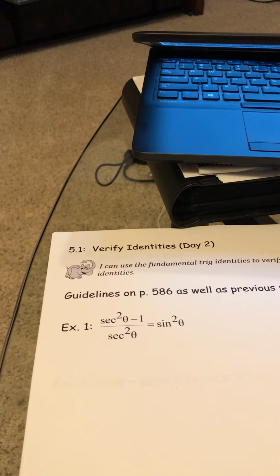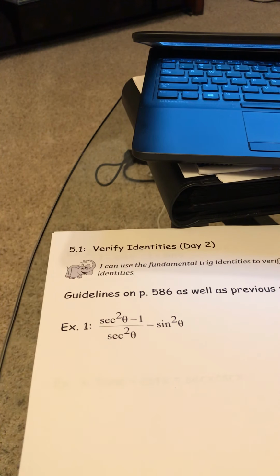There's only a few examples for these, but getting started, secant squared theta minus 1 over secant squared equals sine squared theta. Well, again, anytime you see squareds, one of the first things you ought to look at is, okay, I'm going to be going to my Pythagorean identities, and we can do a substitution here. So, if you look, you can see that secant squared is tangent squared theta plus 1.